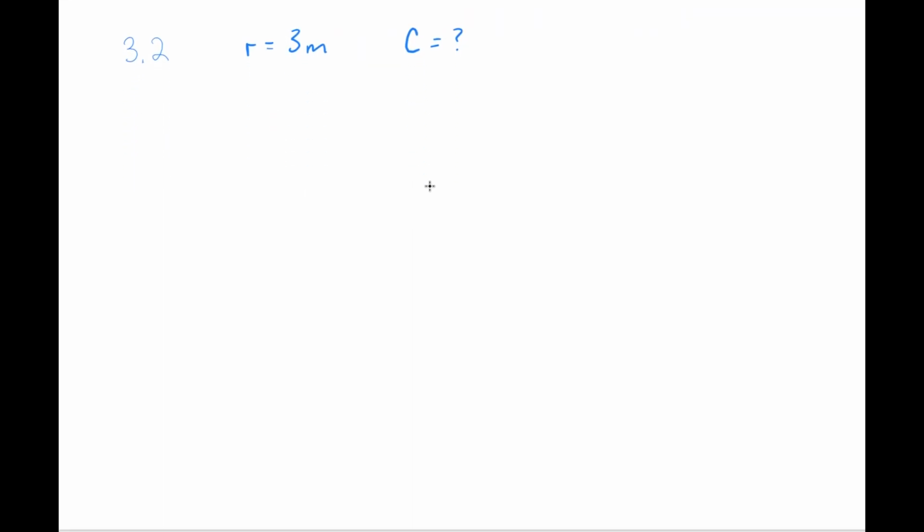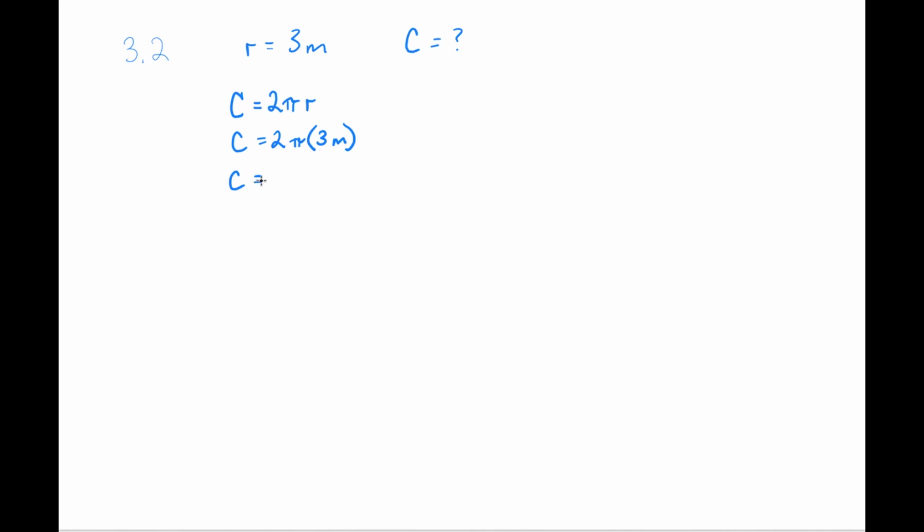So we know the formula, so let's drop it in here. We have C equals, this is a radius, so we need to use 2 pi r, right? And then we'll drop in our radius measurement. So C equals 2 pi and 3, right? 3 meters. So that's going to be 2 times 3.